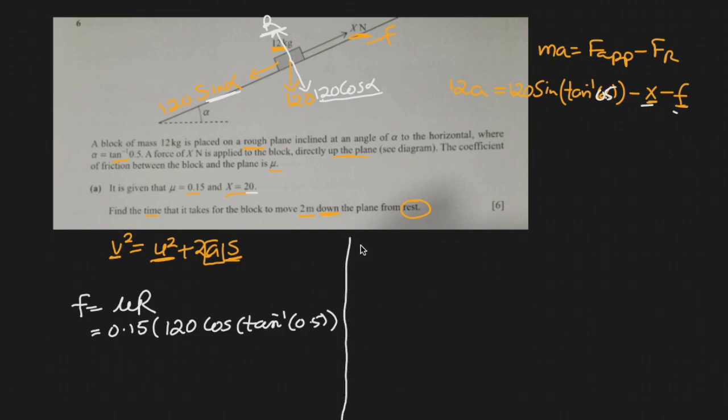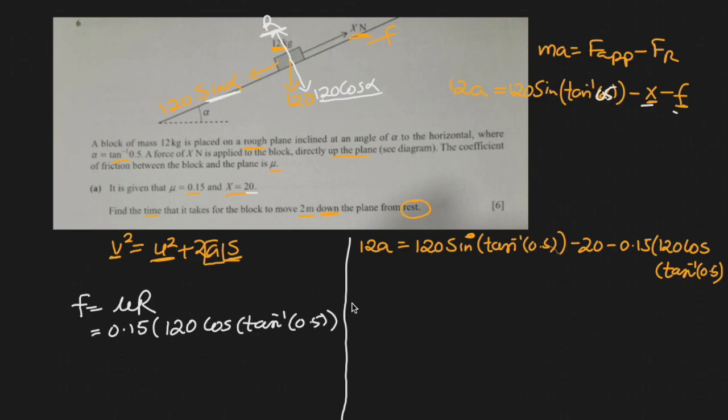So 12a is equal to 120 sine, just sine, tan inverse 0.5, minus 20, minus 0.15 times 120 cos tan inverse 0.5.